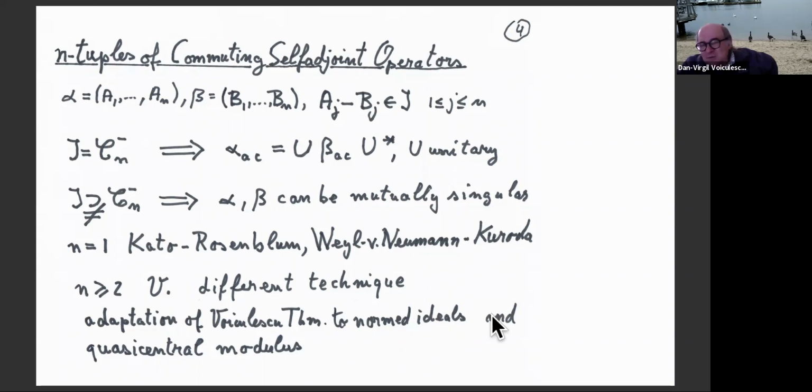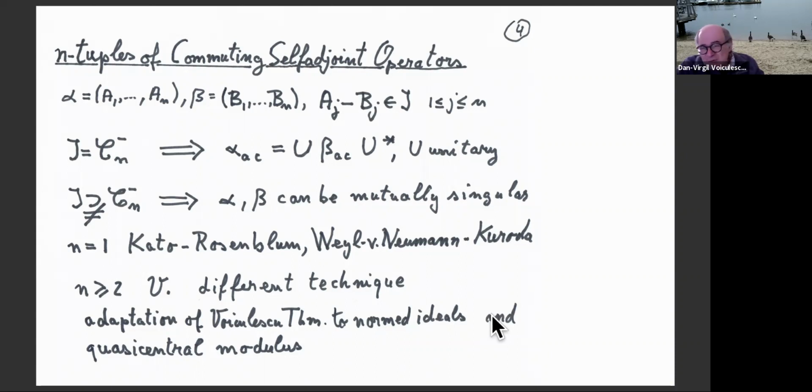So you look at the spectral measure. The spectral measure is a projection valued measure, but you can decompose it into a part which is Lebesgue absolutely continuous and a part which is singular, and then you take the restriction to the absolutely continuous part of the spectral measure, and this is the absolutely continuous part of the N-tuple.